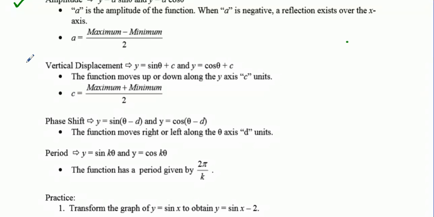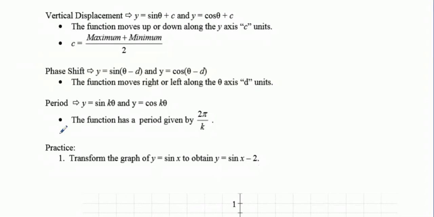The phase shift, that's when we shift along the x-axis or the theta axis. Remember, you're taking the opposite sign to get the phase shift. So this would be d units here. The period comes out of the k value, and so you can't pull the period off of your equation like you can for amplitude, vertical displacement, and phase shift, but you can generate the period from the formula.